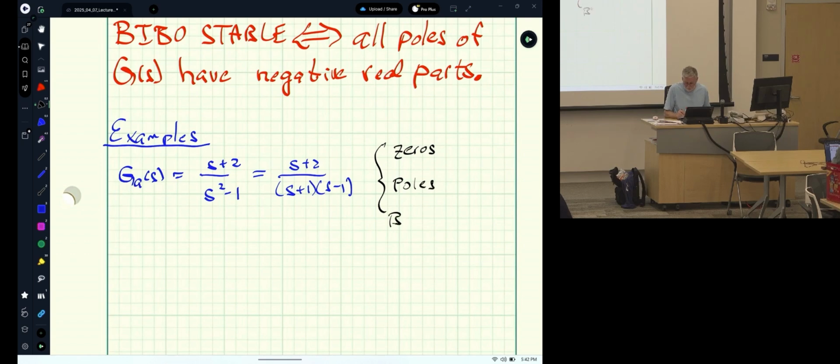Zeros, poles, and then BIBO. Okay, so that's the thing we want to determine. So what are the zeros of this transfer function?